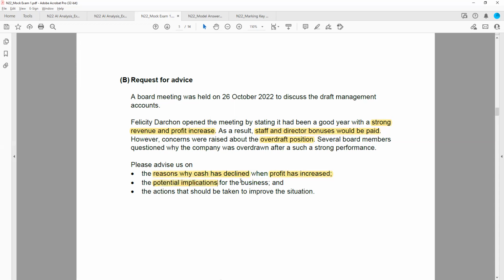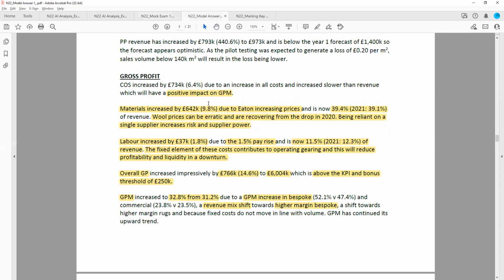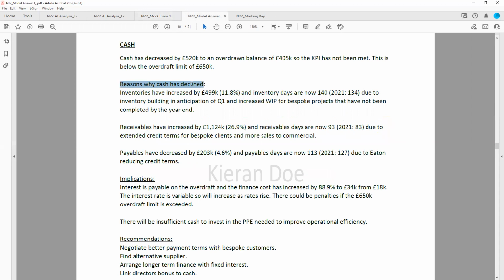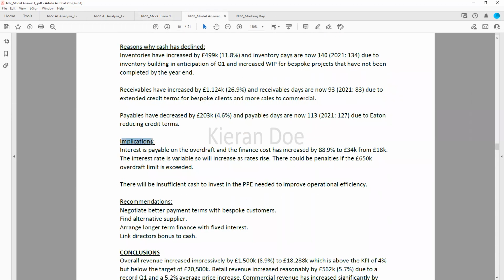Then: potential implications for the business and actions that should be taken to improve the situation. So we've got a clear structure here. And when you're told do this, and do that, then I have those as headings to keep my answer really focused. So reasons why cash has declined, implications, recommendations.